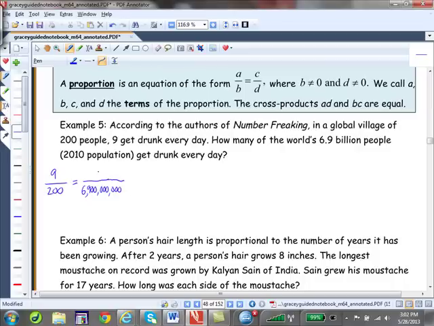And then x is the number that get drunk, which we don't know. So you can go ahead and cross multiply, which means that 200 times x is equal to 9 times the 6.9 billion. And then if you divide both sides by 200, you get this number.